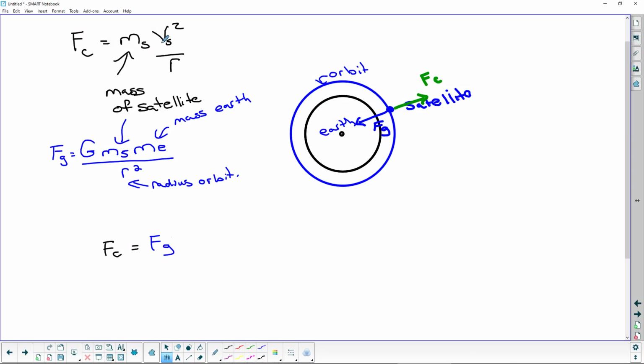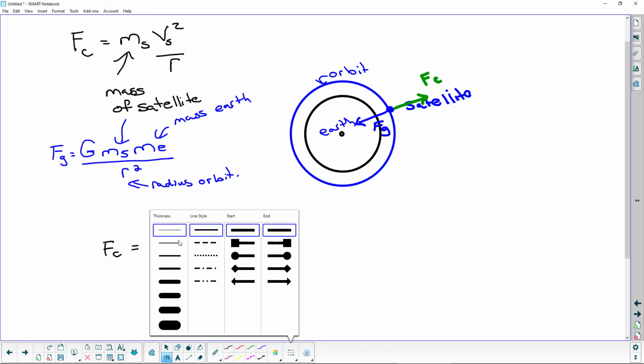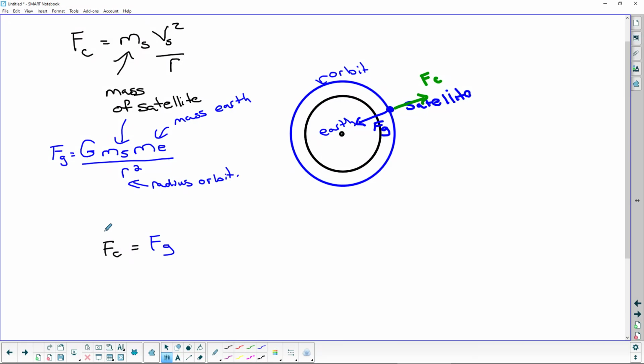Let's plug in this one. On the left side, mass of the satellite times the velocity of the satellite squared over the radius of the orbit.